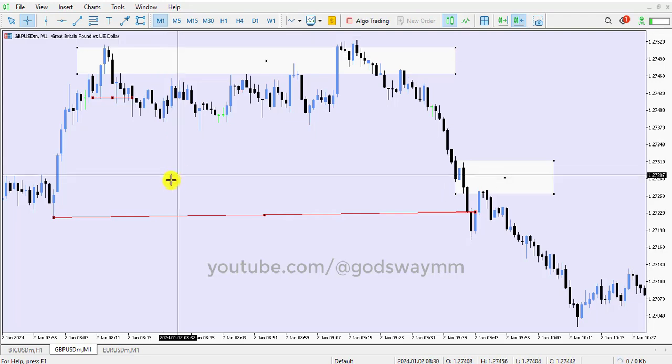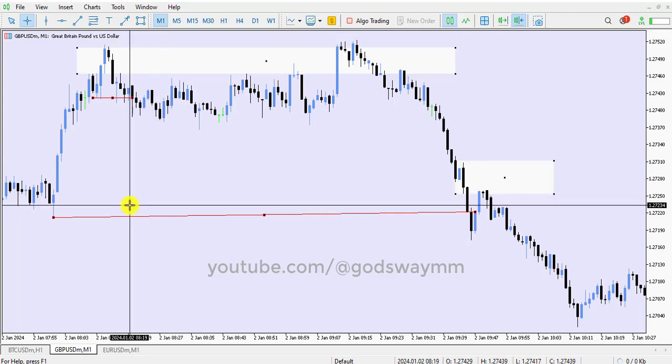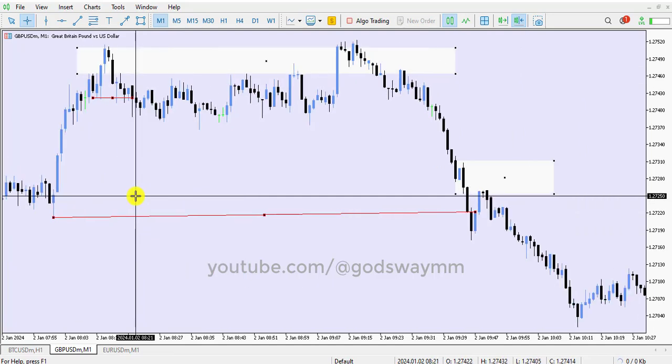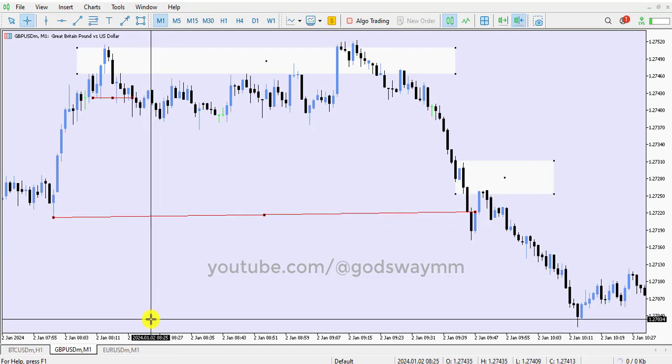Then your first TP is going to be somewhere here, then your second one will probably go down and look for the previous low on either the M15 or H1 time frame. Then you target that low as your second TP, right?